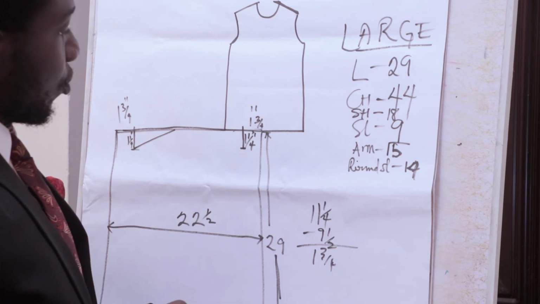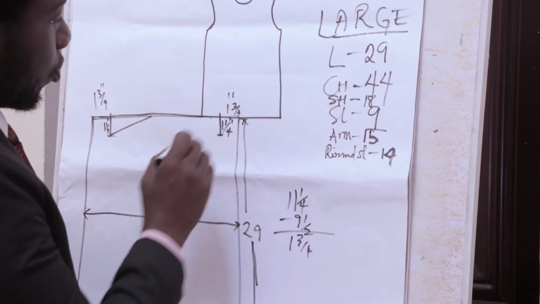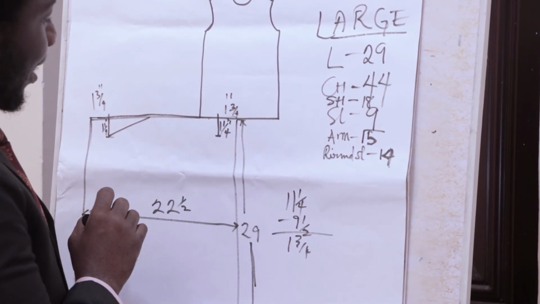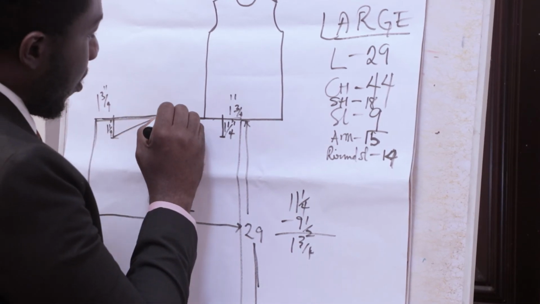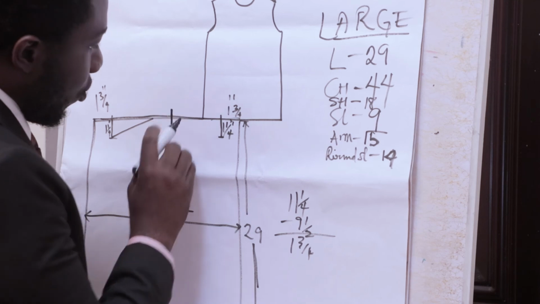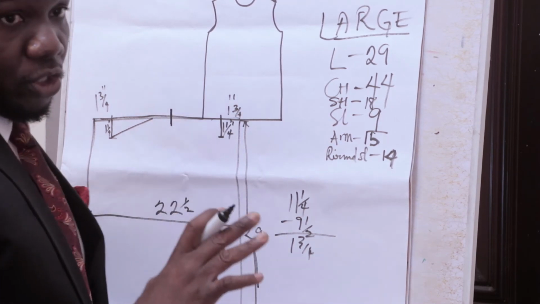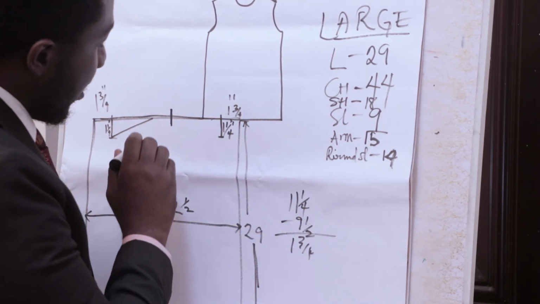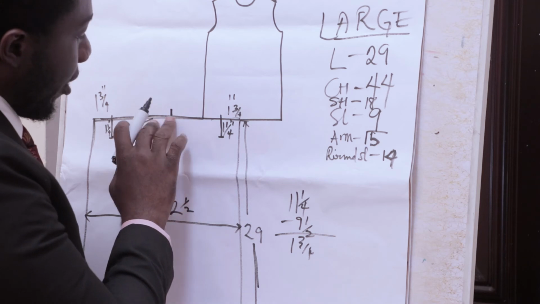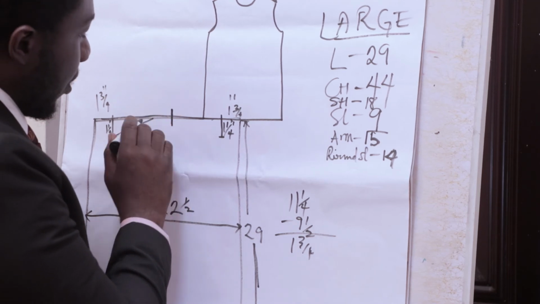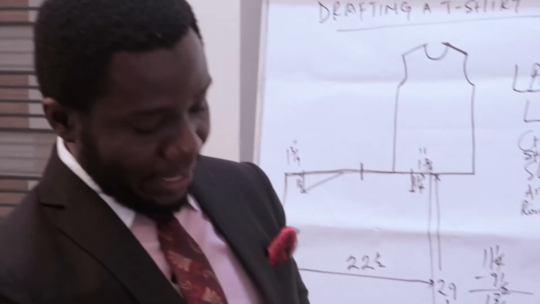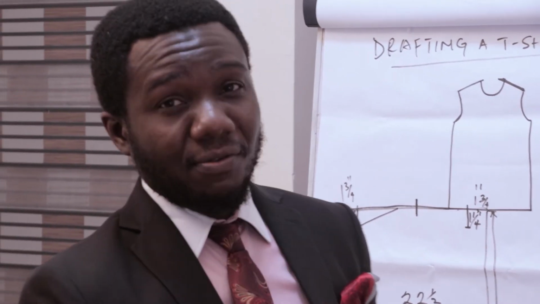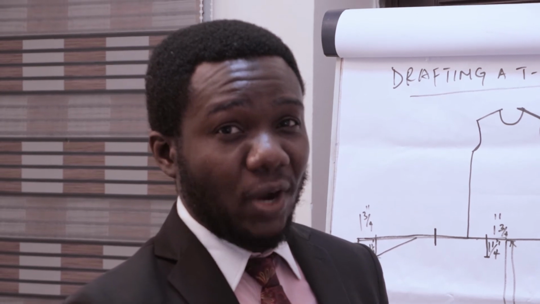Also, from this point, you need to understand where is the center point of the entire material. Mark that center point. Say maybe you fold it into 2, or you spread. That center point is where you now come and mark the neck. So the neck, usually for a t-shirt of, say, like a large, is about 5 inches or 4.5 inches wide.